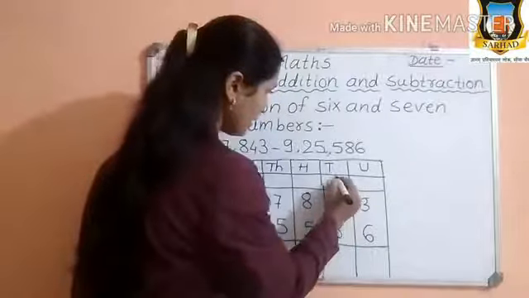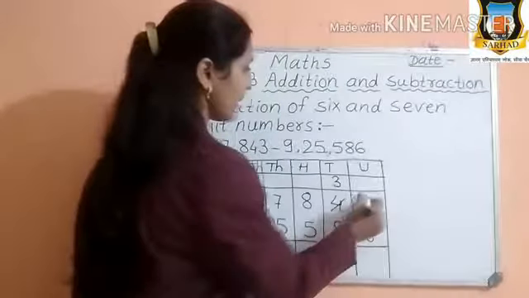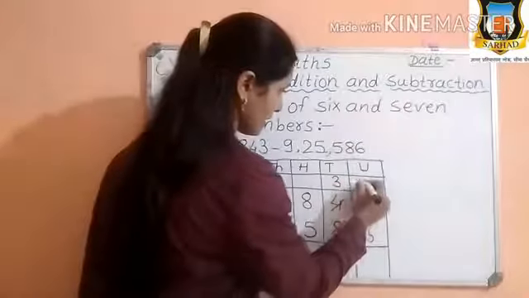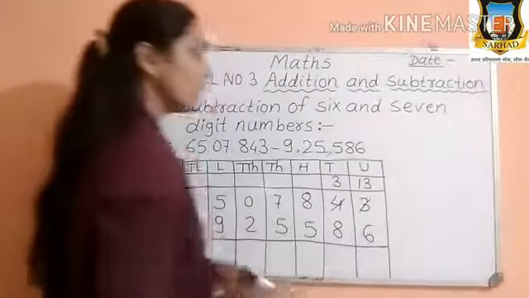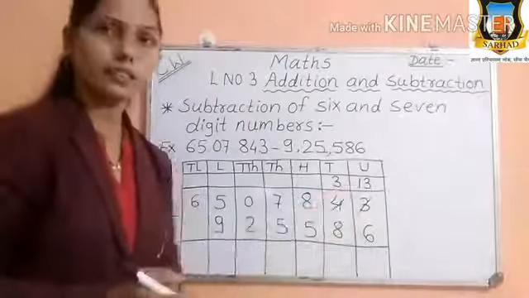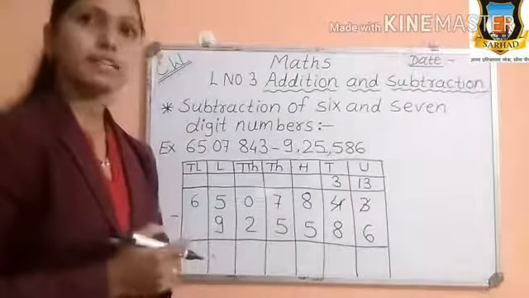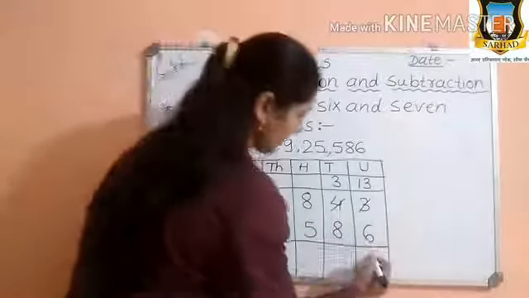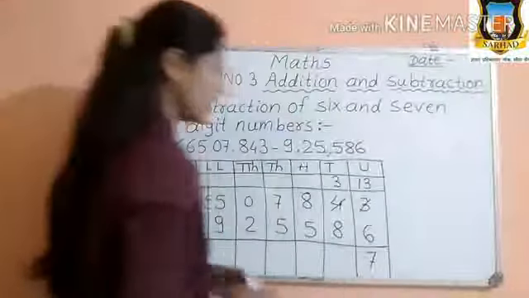Here 3 tens remain, and here 1 ten comes, plus this 3 makes 13. Now we can subtract 6 from 13. 13 minus 6 is 7.